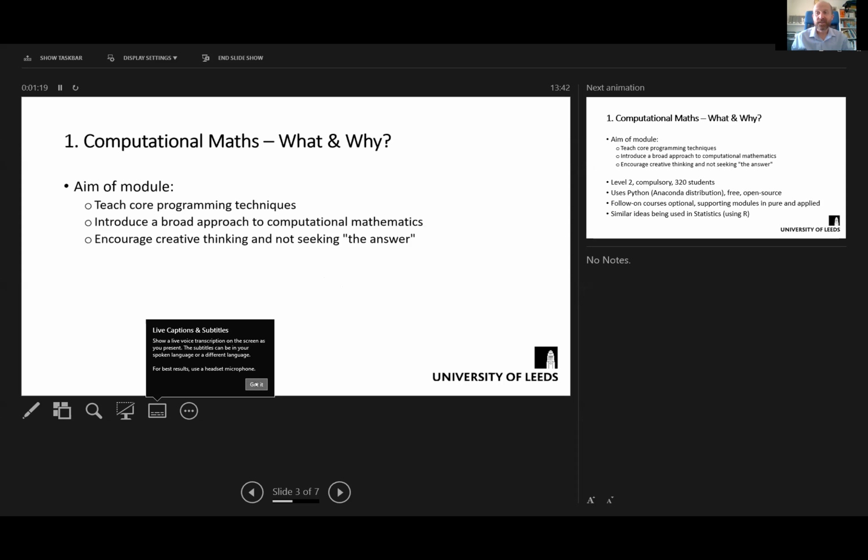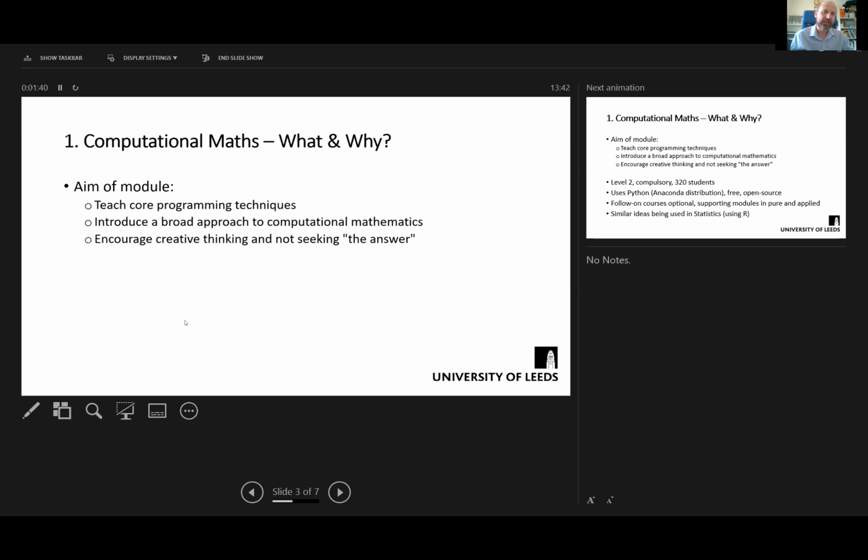So the idea of, you know, here's a mathematical problem that is extremely hard and an undergraduate wouldn't be expected to solve or possibly even to address the problem. But you can use a computer to either get some evidence, to explore the problem, and to encourage our students to do investigation. So that's really the aim of the module.